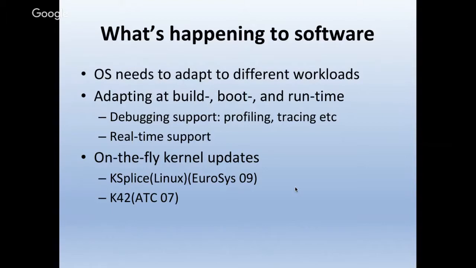And sometimes application requirements are very strict, such as real-time support, and it's hard to adapt everything into a general purpose kernel. Now, there are also research techniques that work by modifying or upgrading kernels on the fly, as is the case, for example, with kSplice in Linux or the K42 update mechanism.